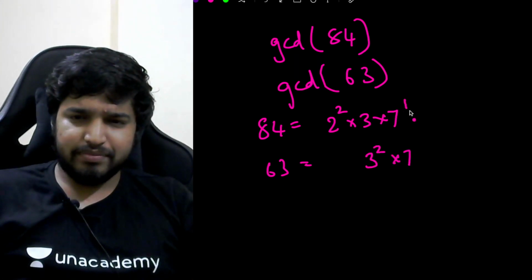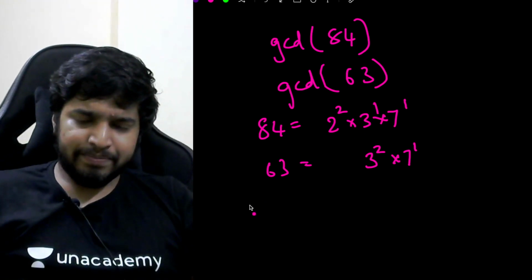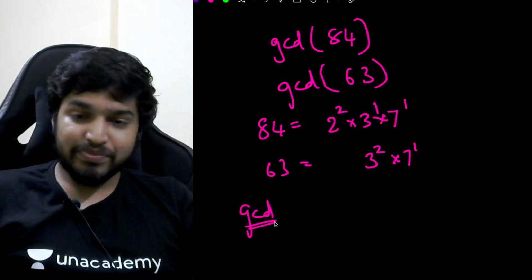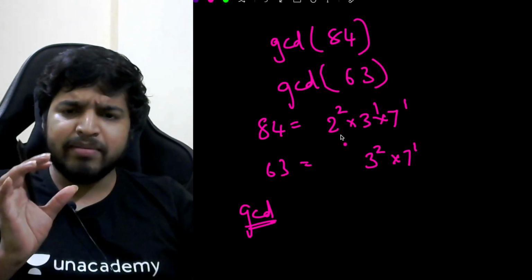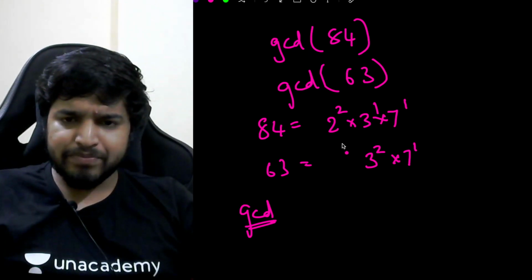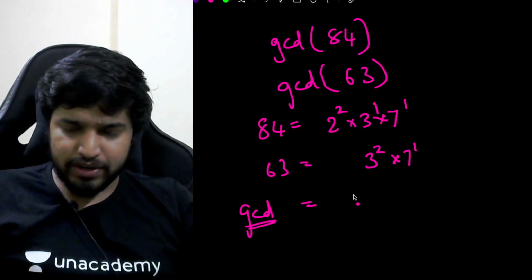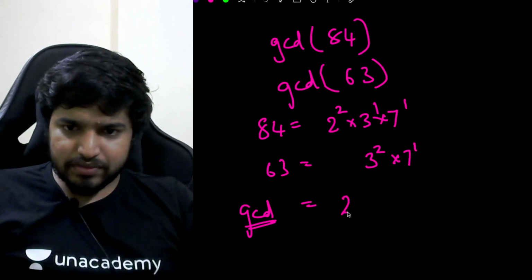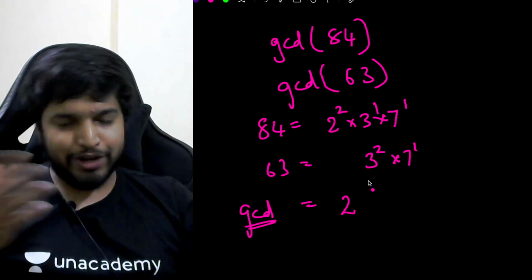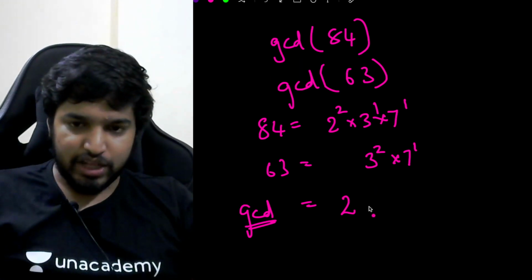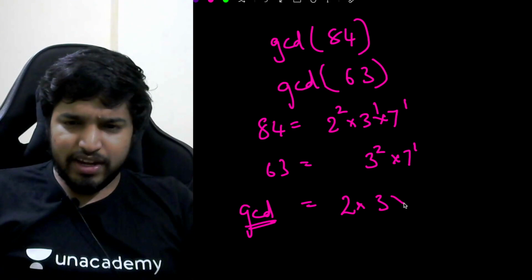7 power 1, I just write 1 on top. GCD, for each prime number involved. So GCD is equal to, just write the prime numbers involved. Or you can do it in two ways. I'll tell you one way, the other way is obvious too. 3 into 7.